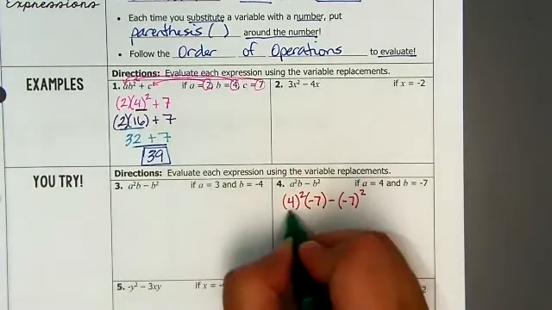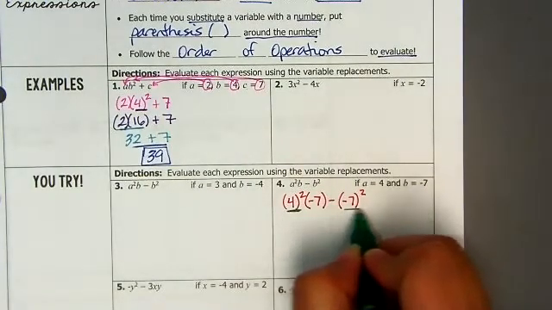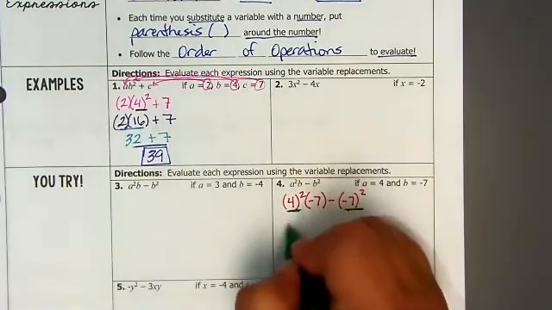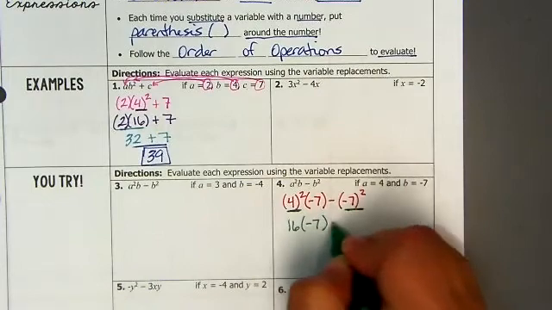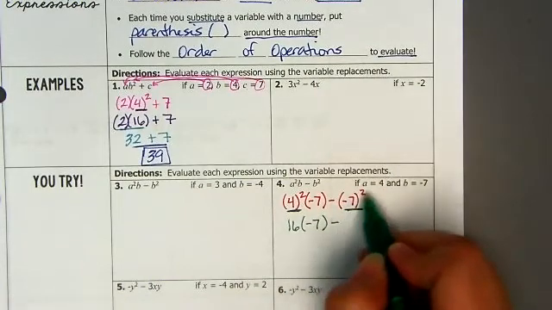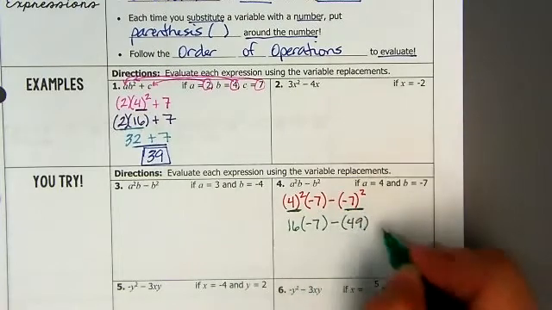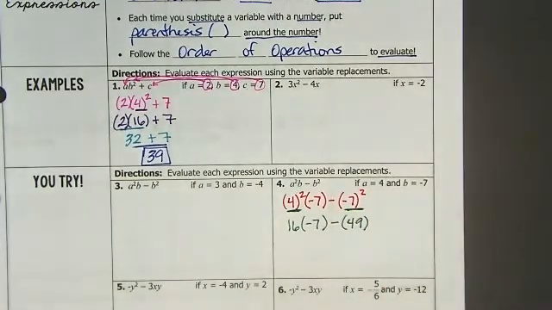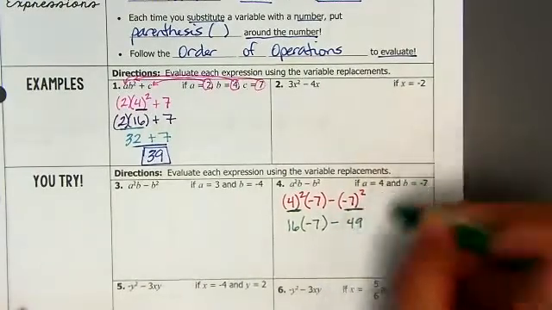All right, so now we simplify by using order of operations. Okay, so I'm going to do the 4 squared, and at the same time, I can do the negative 7 squared. 4 squared is going to give me 16 times negative 7, minus, now the negative 7 squared, because it's a negative 7 squared, that gives me a positive 49. And I don't have to write those parentheses because once I squared it, the parentheses are gone.